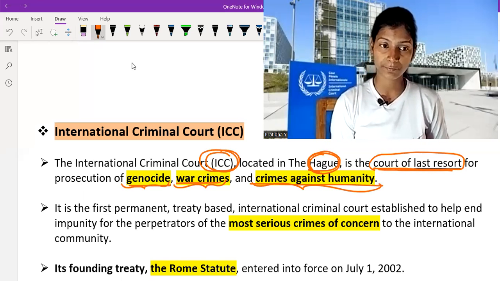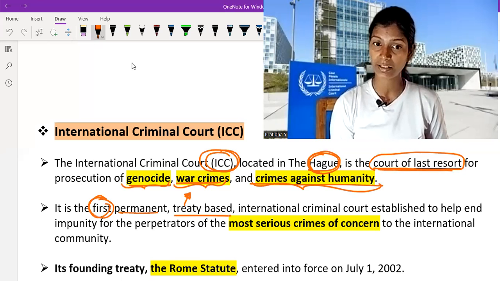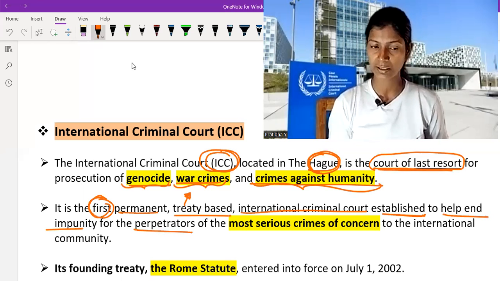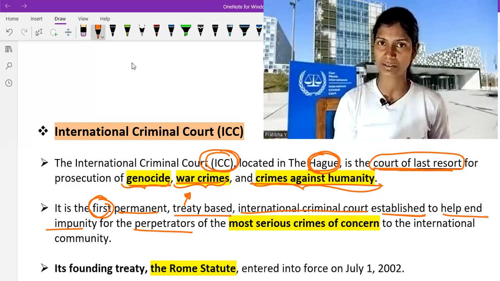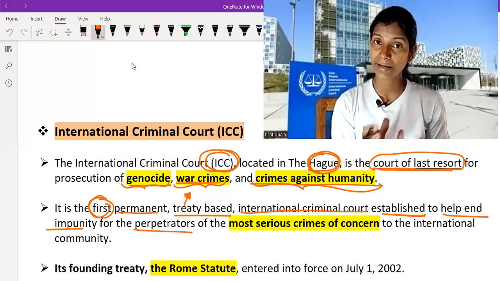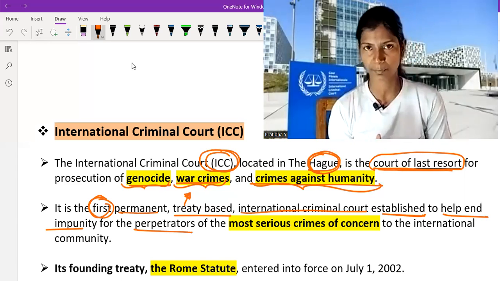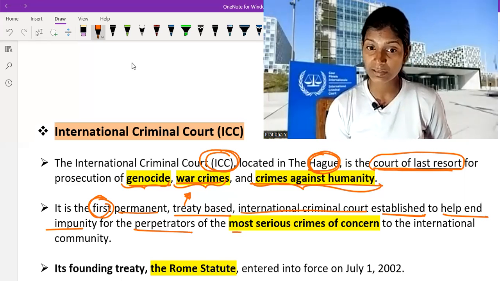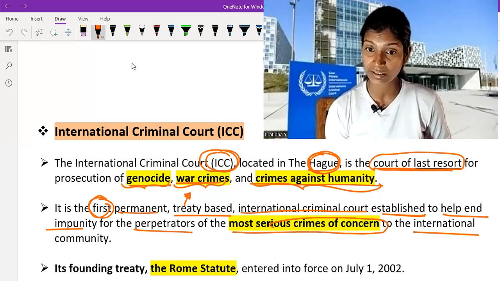Okay, it is the first permanent treaty-based international criminal court. That means it has come out of a treaty. It is established to help end impunity for perpetrators of the most serious crimes of concern to the international community.